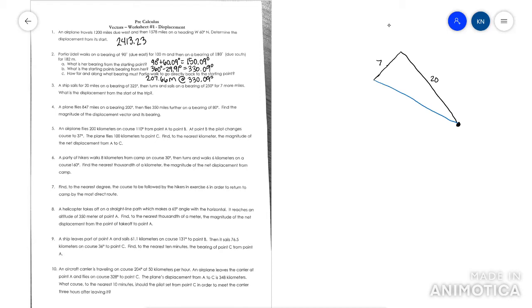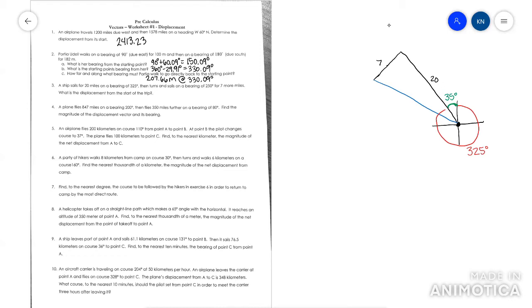Okay, so this is one of the problems where it's going to get very, very weird. Here's what you're going to have to do. If this red line was at 325 degrees, that means this green angle is 360 minus that, which is 35 degrees.